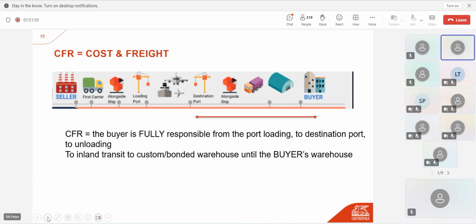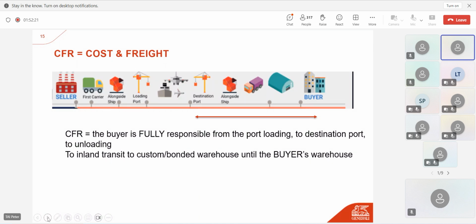So this one is better. At least the journey between their port and our port, that risky journey, is covered. Okay, I think this is good. This is important. Okay, CFR.